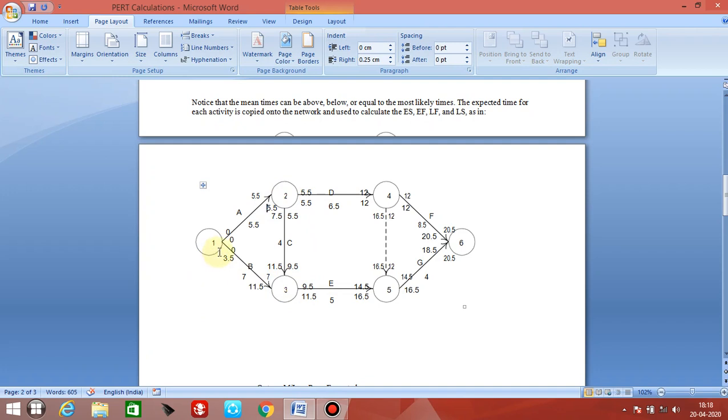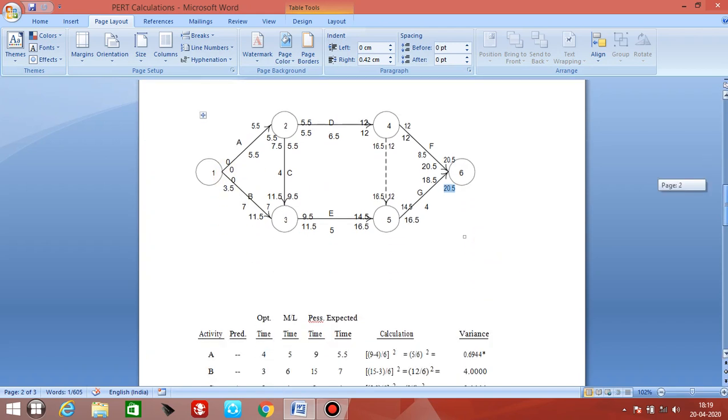And here we have 0 plus 7, so 7. Whichever is maximum you have to take, so 9.5. And so on, we have completed this EST and LFT. Now we got 20.5 and here also 20.5. So for our project, the maximum time required is 20.5.